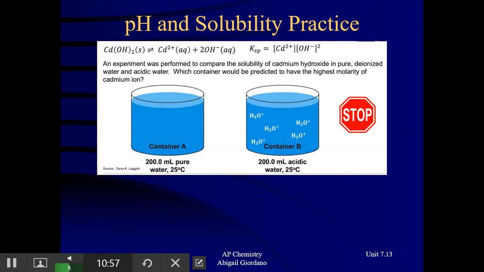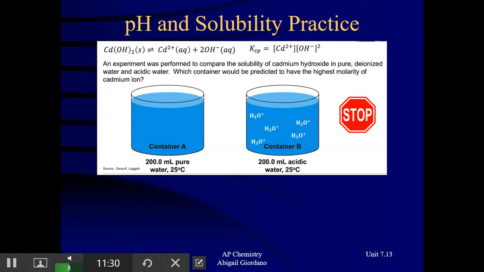So if you look at the pictures, container A has pure water, container B is acidic, and you can see there's lots of hydronium floating around in there. Which container would be predicted to have the highest molarity of cadmium ion? Again, they're asking us what's going to happen to the molarity of the cadmium ion, one of our products. So if you want to pause and try it on your own, cool. Otherwise, I'm going to talk through it.